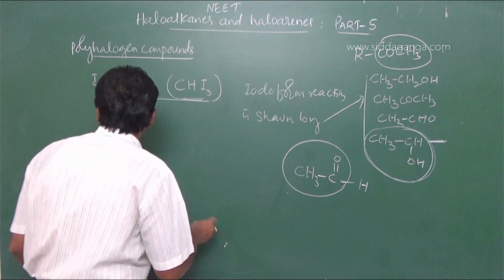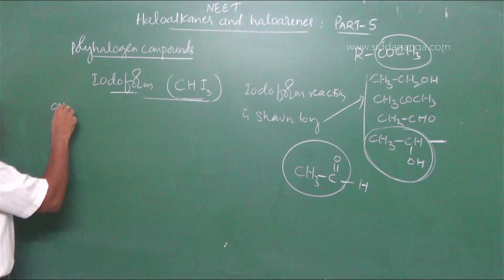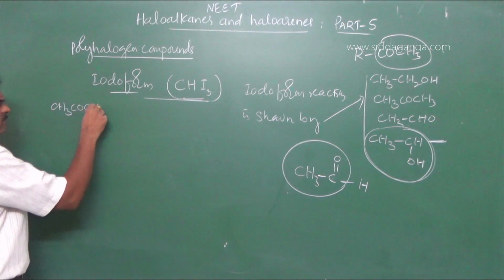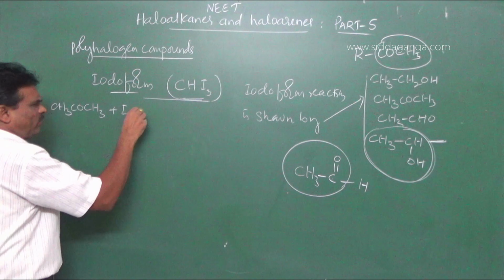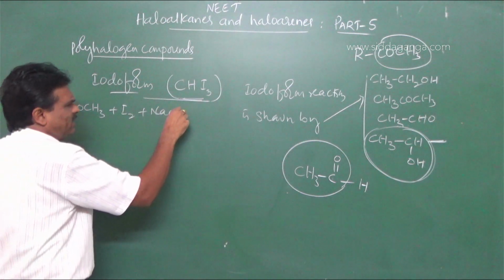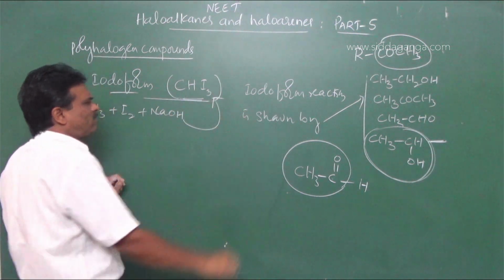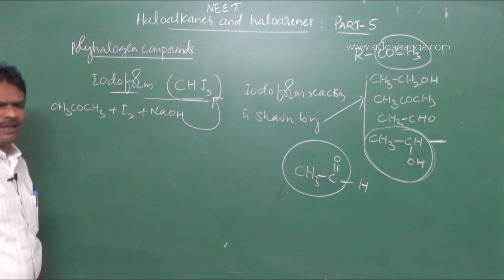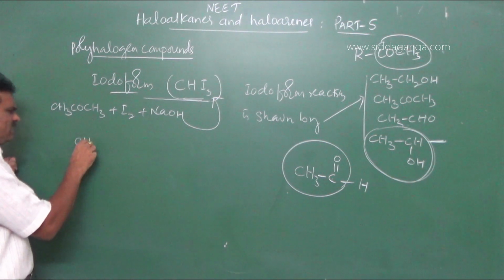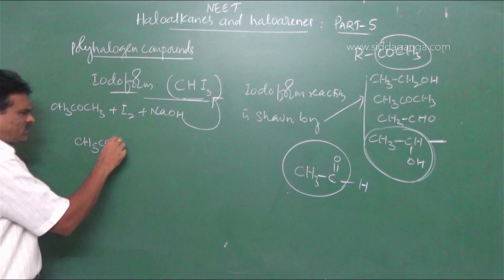When acetone, CH3COCH3, is treated with iodine and NaOH, it gives the iodoform reaction. How does it form?